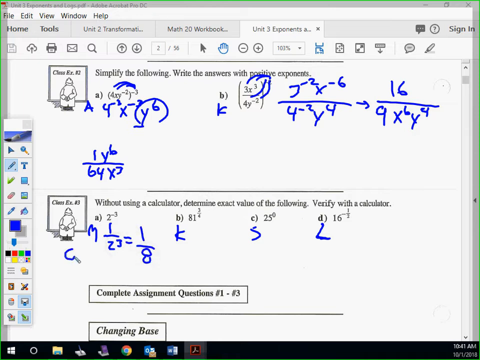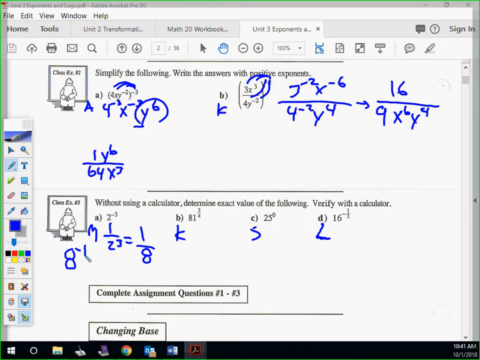Now, if you had 8 to the -1, that's technically the same thing, but just remember, that's not a negative value. Okay? So it says determine exact value of the following, verify with the calculator. That's the exact value, 1 over 8. Okay, that means you're not putting the decimal, you're not rounding. Okay? Everybody got that? So then 81 to the 3/4.